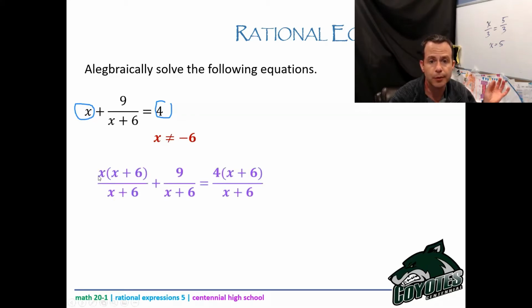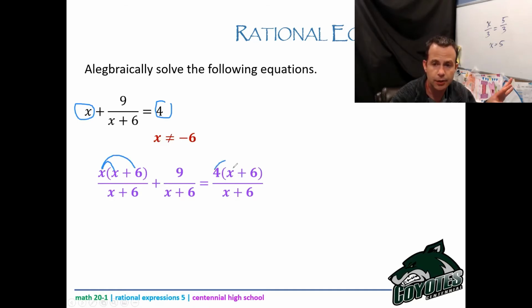And that's going to leave me with x times x plus 6 over x plus 6 plus 9 over x plus 6, I didn't have to do anything to him, equals 4 times x plus 6 over x plus 6. Okay, so now I'm going to distribute the top guy here. X times x is x squared plus 6x plus 9 on that side.